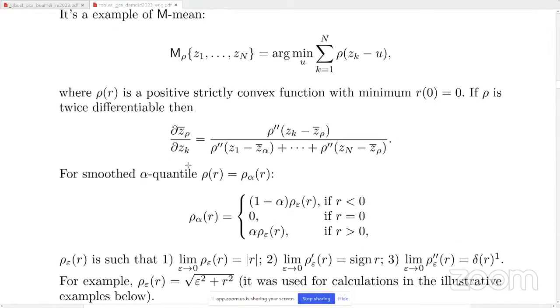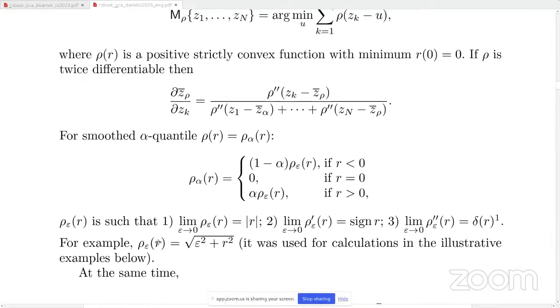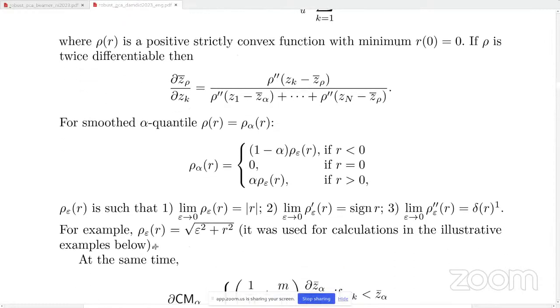In this work, we use a smoothed variant of the mean average of the median. It can be constructed if we use, for example, rho epsilon r equal to the square root of epsilon square plus rho square.